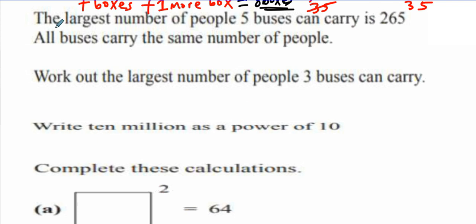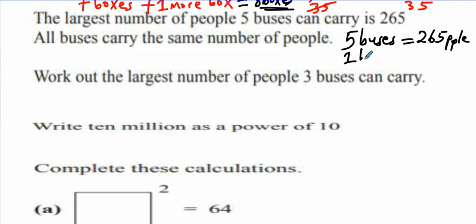Okay, so the largest number of people 5 buses can carry is 265. All buses carry the same number of people. Work out the largest number of people 3 buses can carry. So 5 buses can carry 265 people. See that?